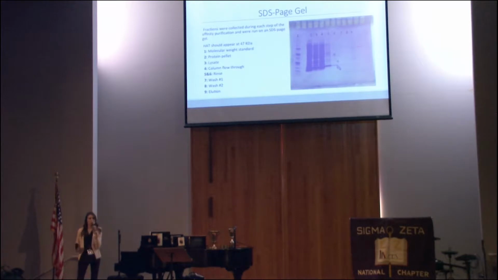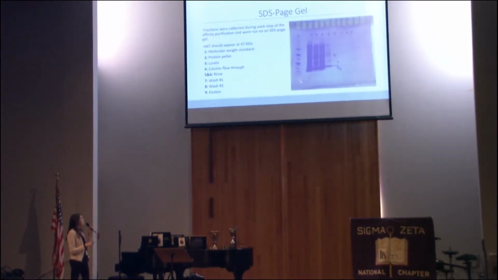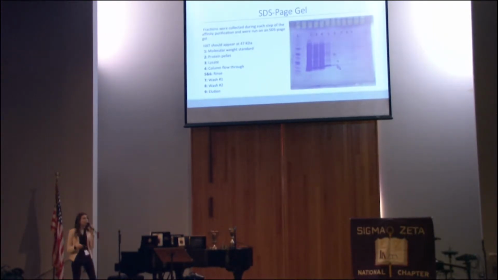So from here, just to check that we have it purified, we run it on an SDS-PAGE gel. And so basically what this gel does is it separates out proteins by molecular weight. And so the ones that have a higher molecular weight will get stuck towards the top of the gel, and the ones that are low will make it to the bottom. And we are looking for our protein at 47 kilodaltons. So that is right about here.